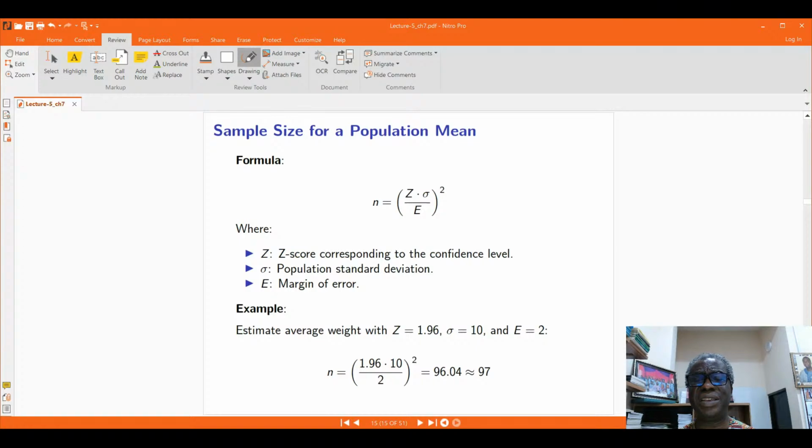So that is the formula for determining the appropriate sample size. That formula is derived from the margin of error, if you go back to the last lecture.